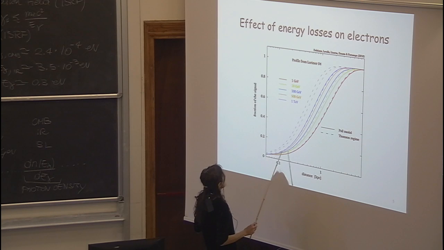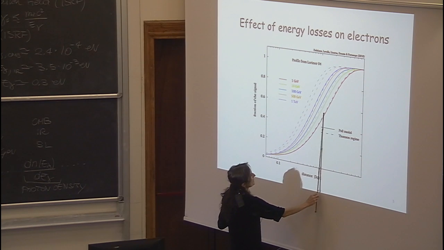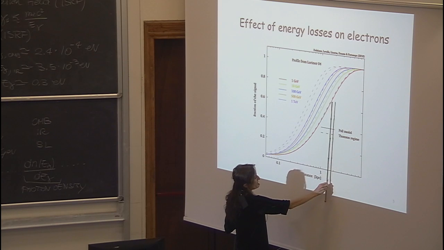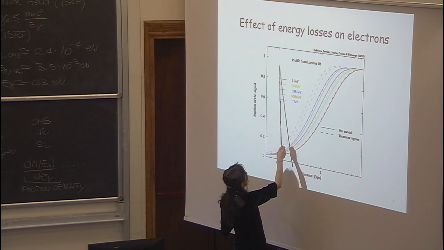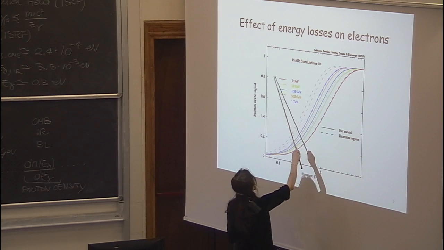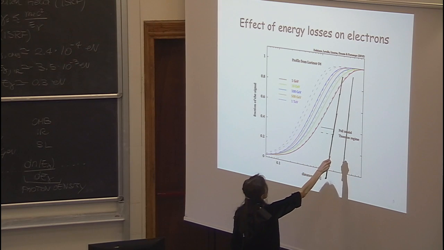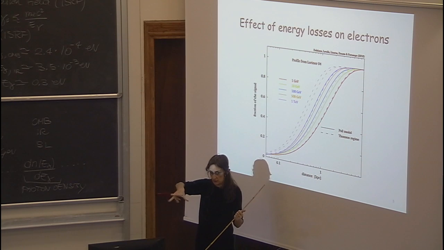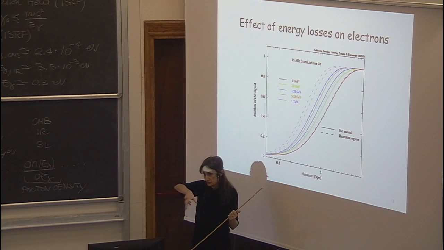Take, for example, this is 1 GeV electron. I mean, they can come from farther regions. So 90% of 1 GeV electrons, well, I don't see very well now here, but come from sources located at 3 kiloparsecs from us.